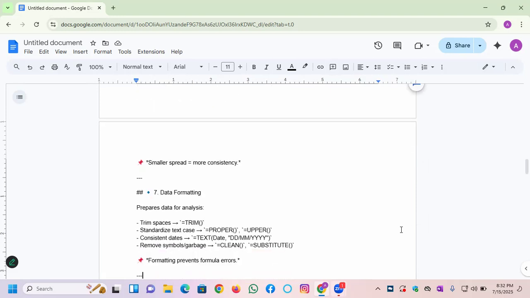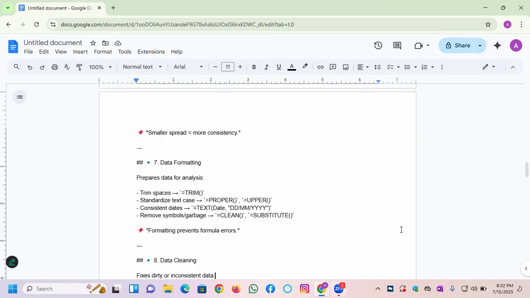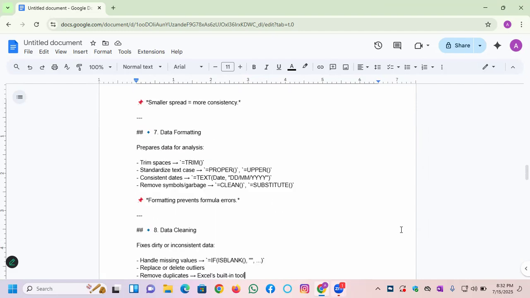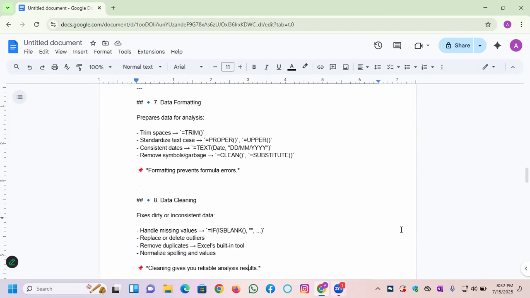Now data formatting is very, very important, that we also format data, right? We format data to prepare it for analysis. So formatting prepares data for analysis. What are those keywords when we are talking about formatting of data? We're talking of trim spaces.